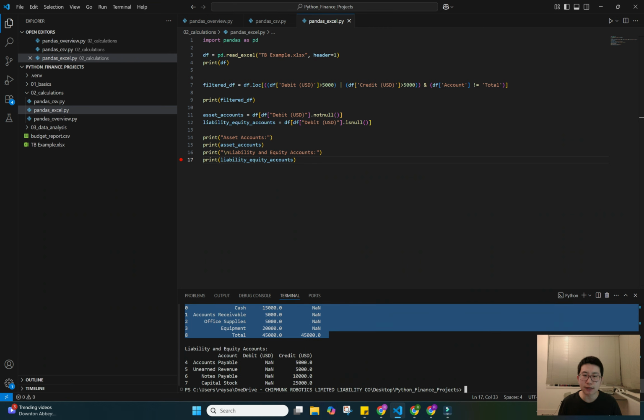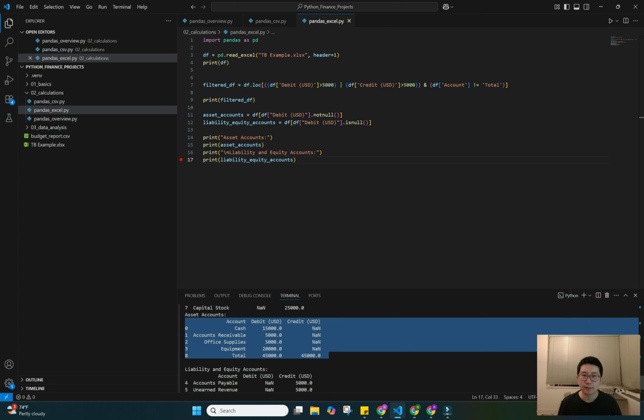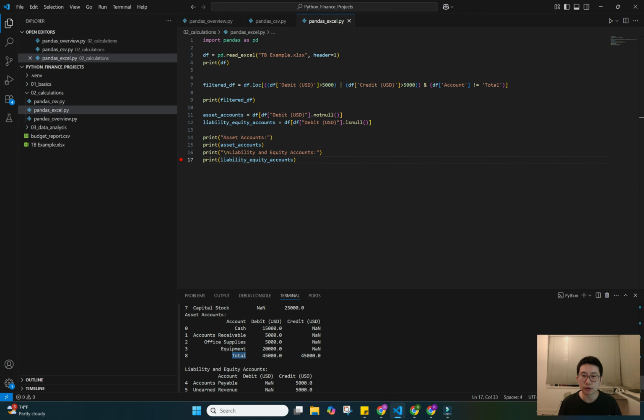There is one thing it didn't do right. When we said the asset accounts are debit USD notnull, the total row, the total records here, the debit asset is also not null, right? So we also include the total row.